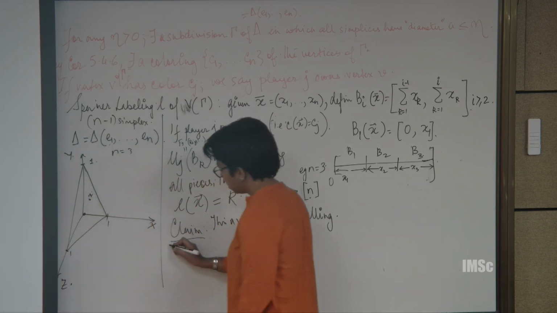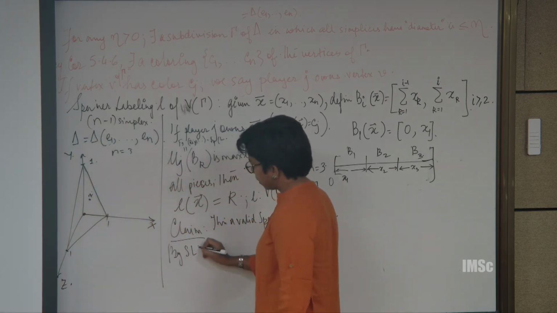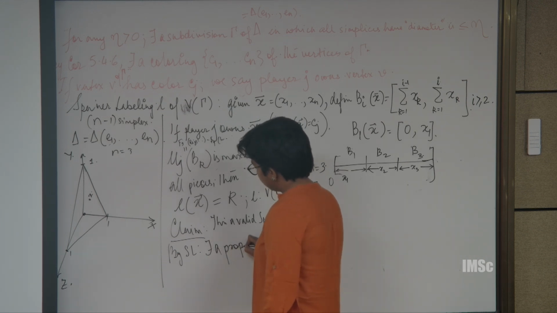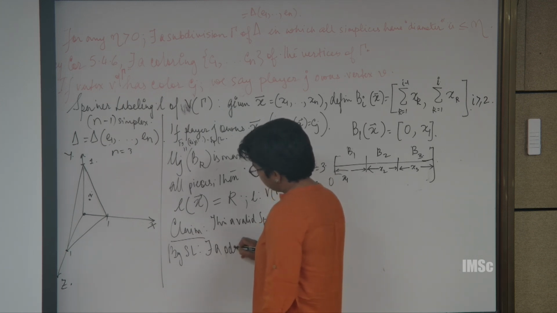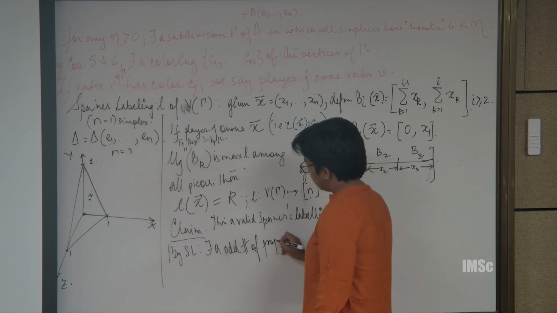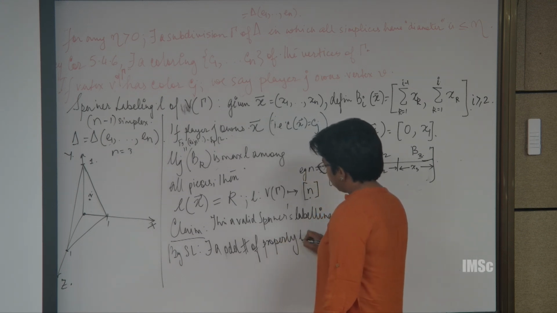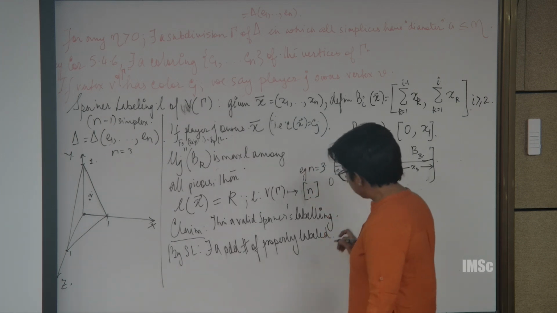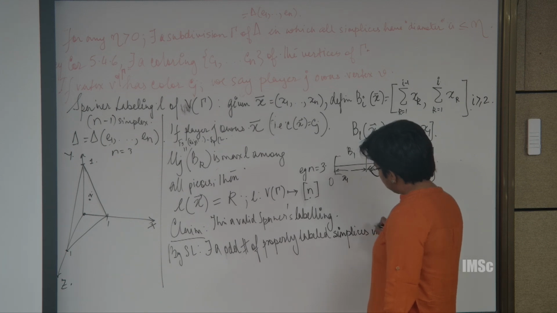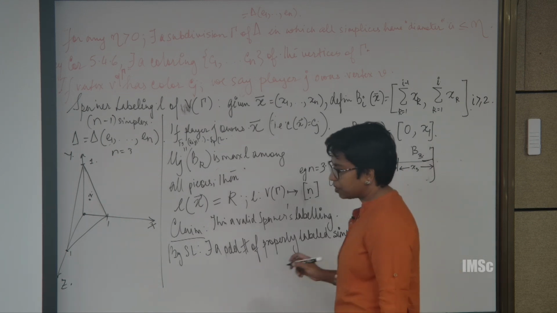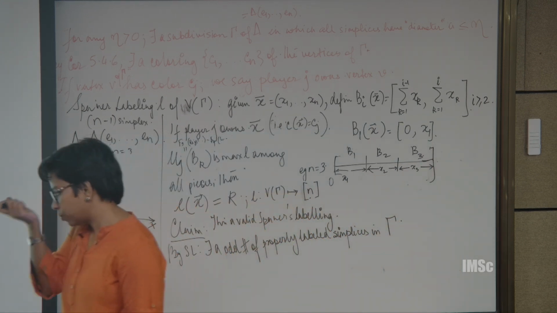By Sperner's lemma, there exists an odd number of properly labeled simplices in the subdivided collection, correct?